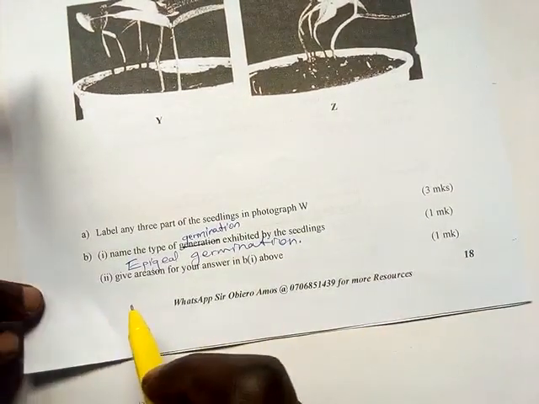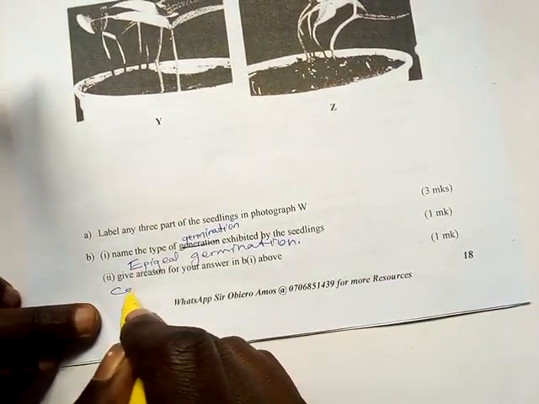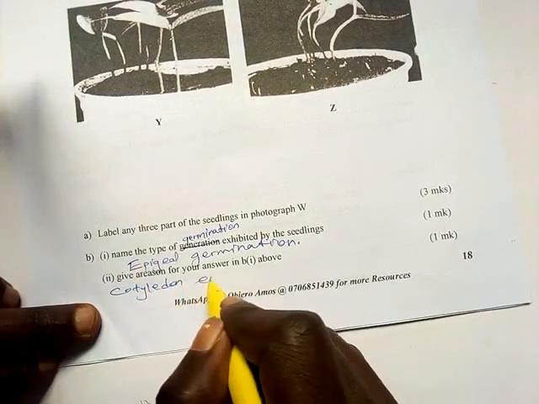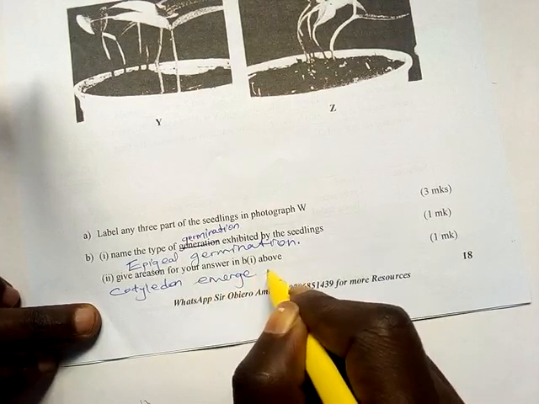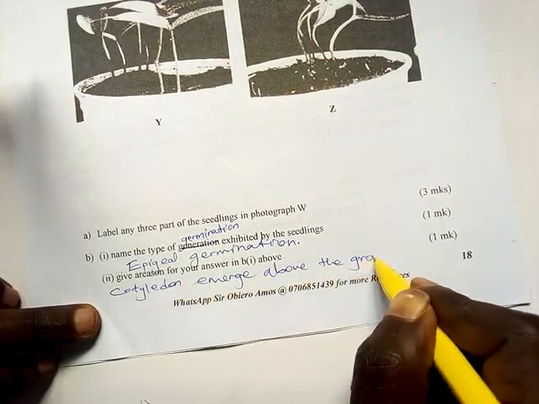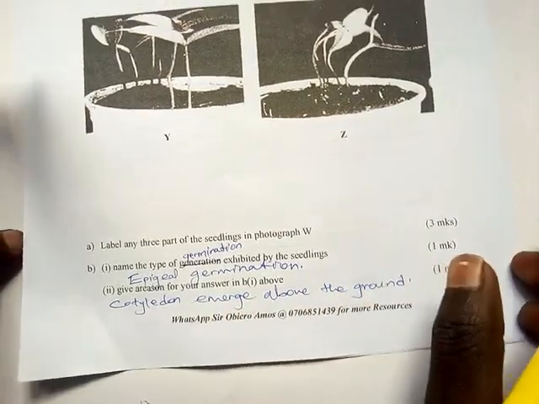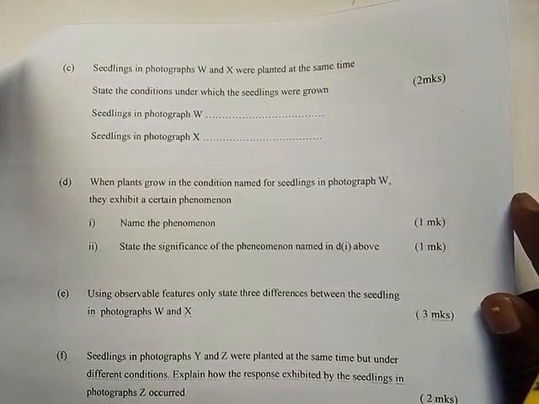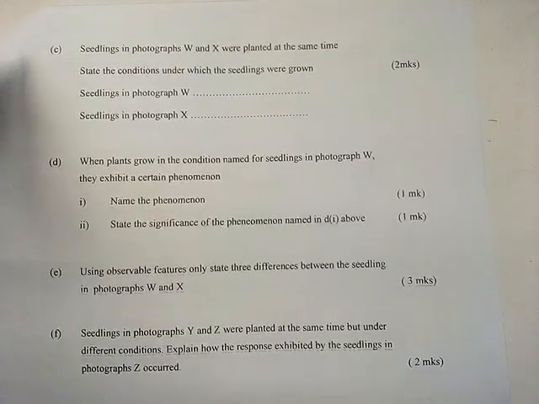Then you're told, give the reason for your answer. You say the cotyledons emerge above the ground.